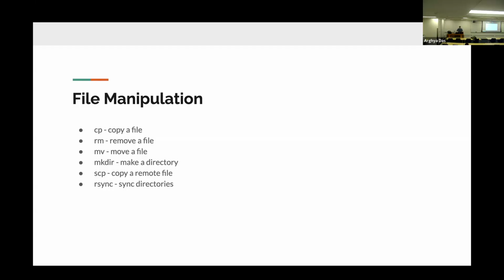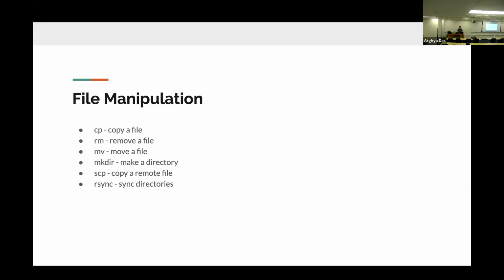You can use the mkdir make directory command to make a directory. And if you want to transfer files from one machine to another, you can use this scp command, secure copy, to copy a file from one machine, like one laptop, to an HPC cluster, or you can use the rsync command, which will keep two directories in sync with each other by copying files back and forth.